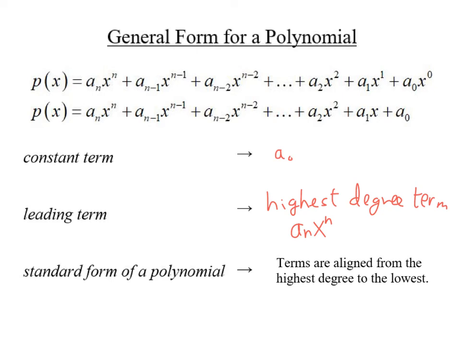All right, and then the last thing we mentioned is when we write a polynomial in standard form, that means we align the terms from highest degree to lowest degree. And so, the way we have it written here is in standard form, okay? Because the highest degree would be the nth degree, and then the lowest would be the 0.